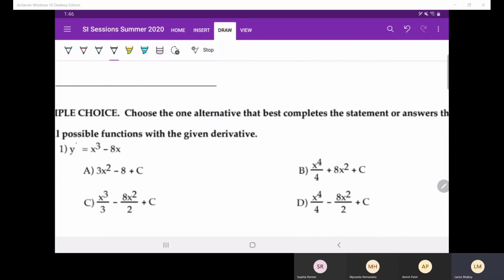So knowing that, we have 1 over 3 plus 1 times x to the 3 plus 1, minus 8 times 1 over 1 plus 1 x to the 1 plus 1, plus, what do we put here? What's in all of these equations?